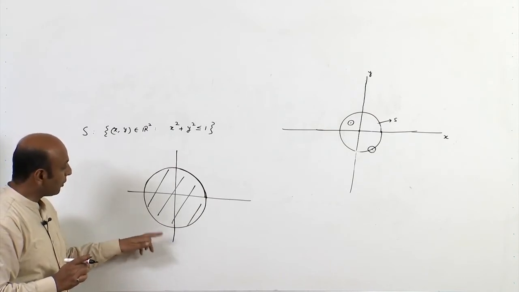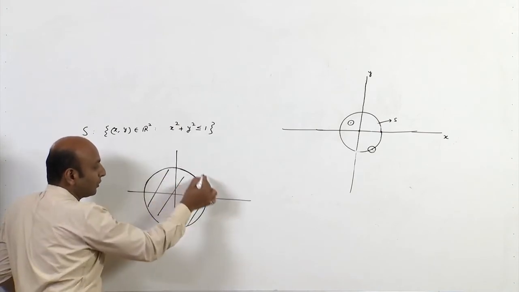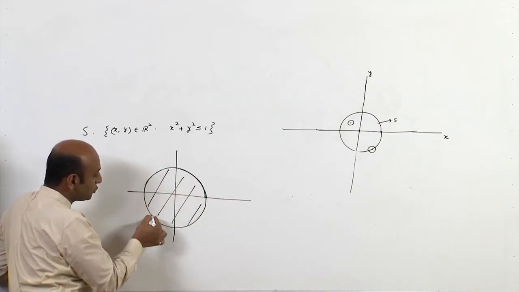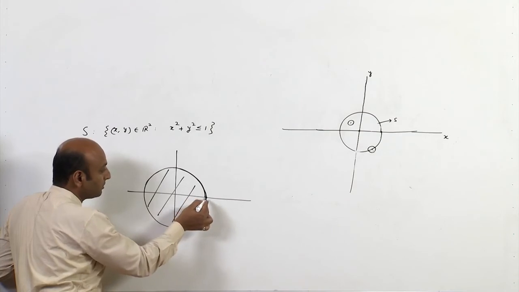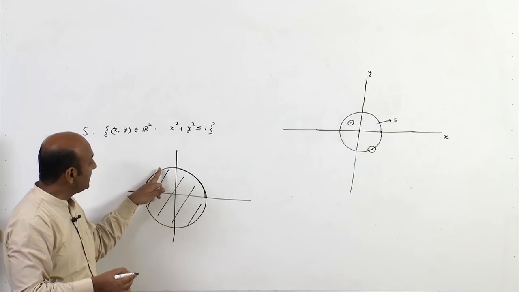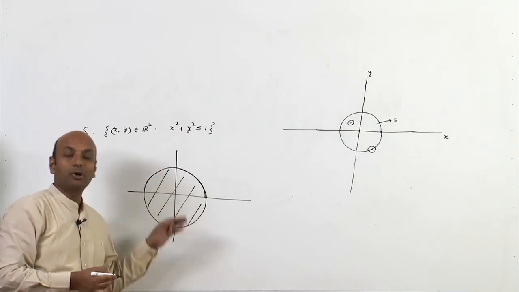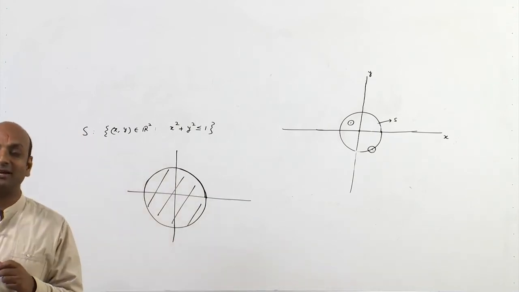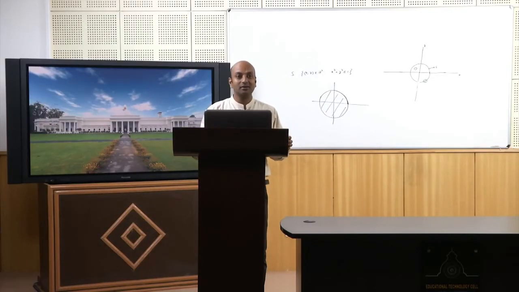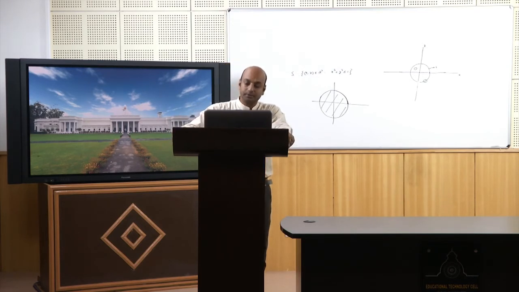Now, this set is not closed, because it does not contain all its boundary points. And it is not open either, because if it were open, it would consist entirely of its interior points. So, there may be regions which are neither open nor closed, regions which are open, and regions which are only closed.